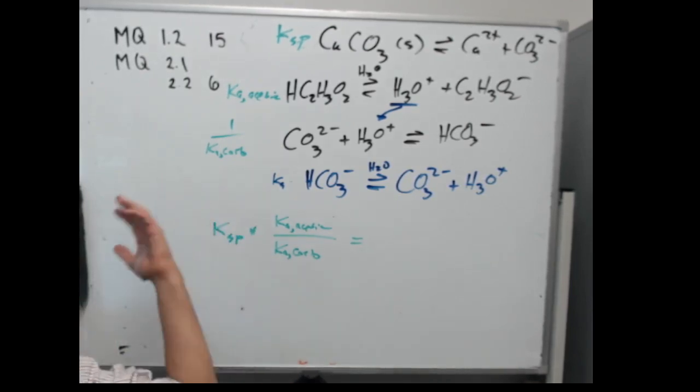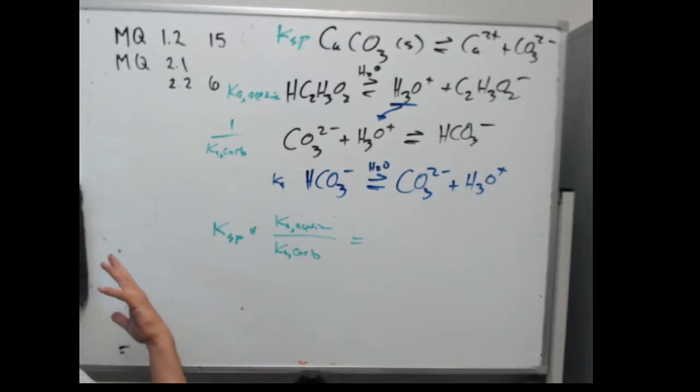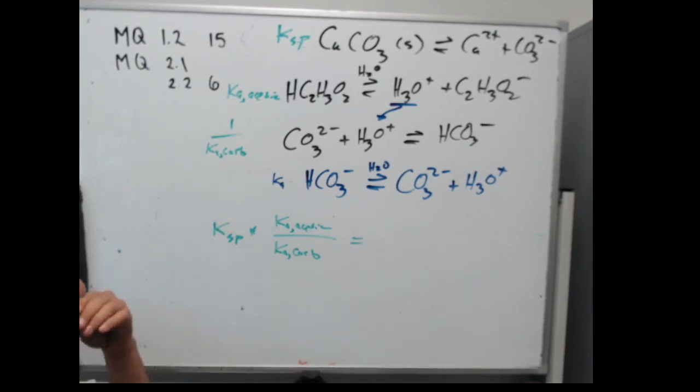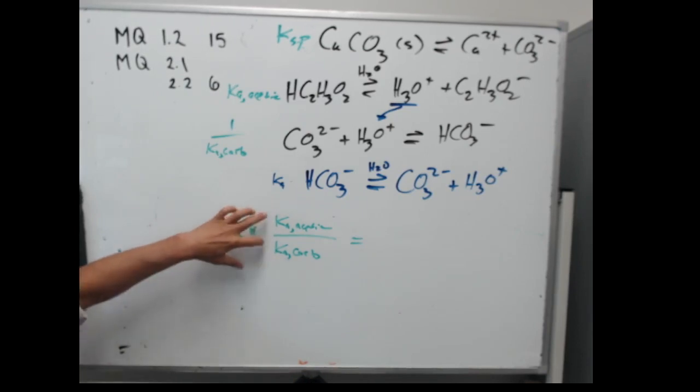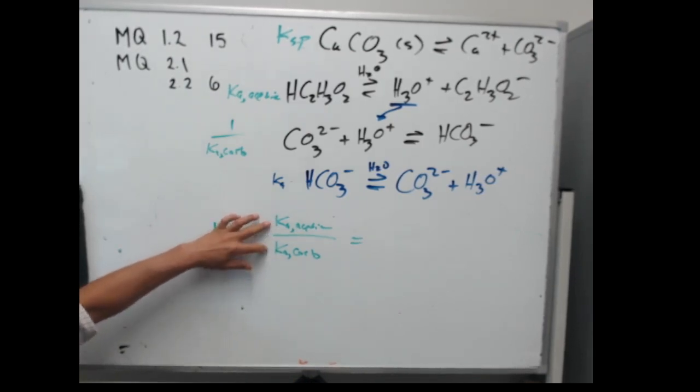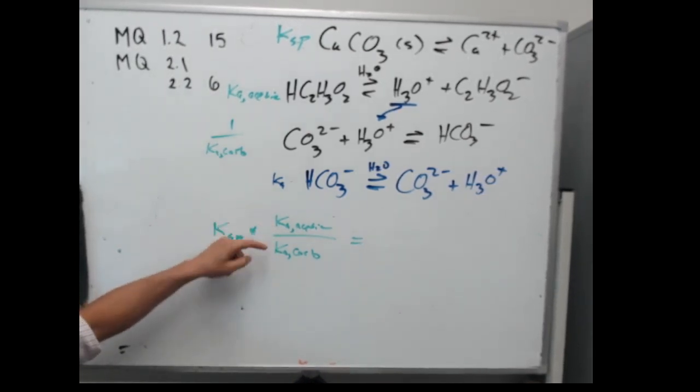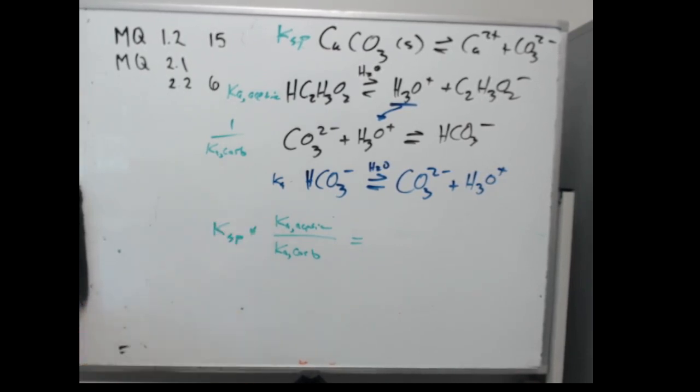You just say, is that number bigger than 1 or less than 1? Does the reaction go towards products or reactants? I was really just focusing on, well, what's this ratio? Is this ratio big or small? Because one's going to be bigger than the other. And that's the part that I was focusing on.